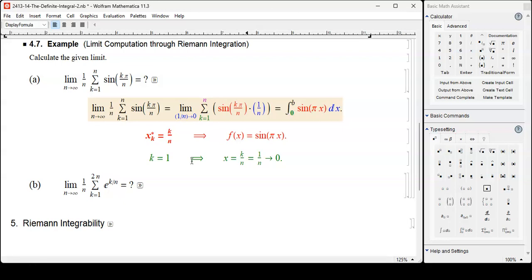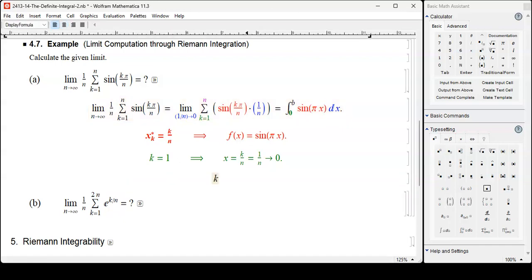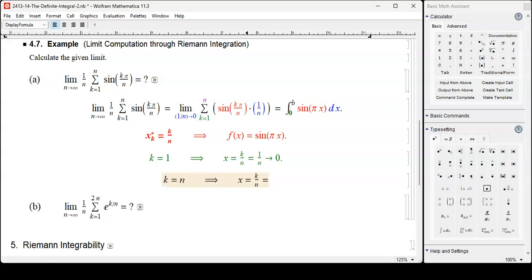All right, what's the ending point of this x value? K goes from 1 to n, so n is the ending value of k. So x is k over n, and that's n over n, so that's 1. Do you see that?